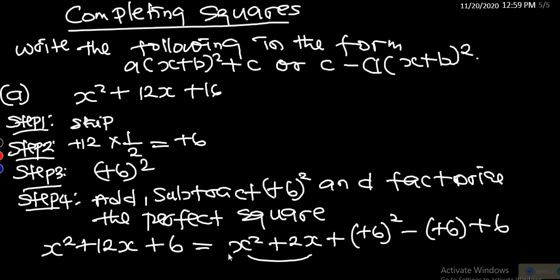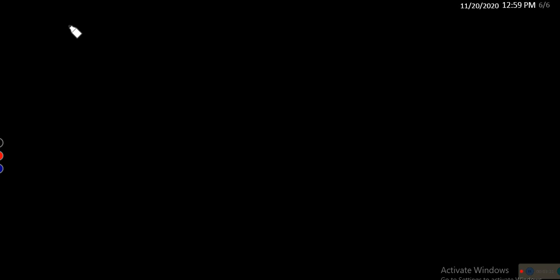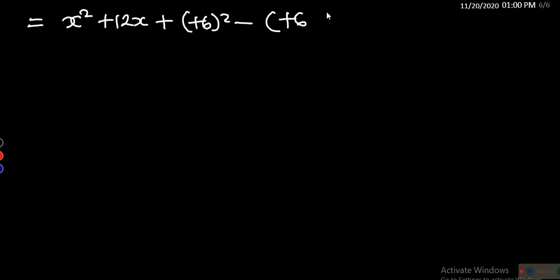So all we have there is x² + 12x + 6² − 6², and then the last term there is + 16.